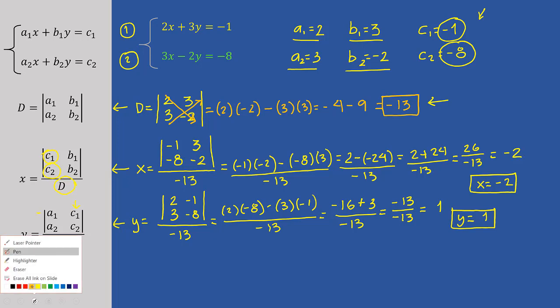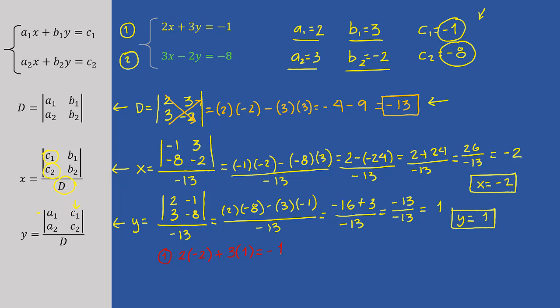So in order to do that, we substitute our values in the original equation. So let's go with our first equation. It says 2 times x, which is minus 2, plus 3 times y, which is 1, equals minus 1.